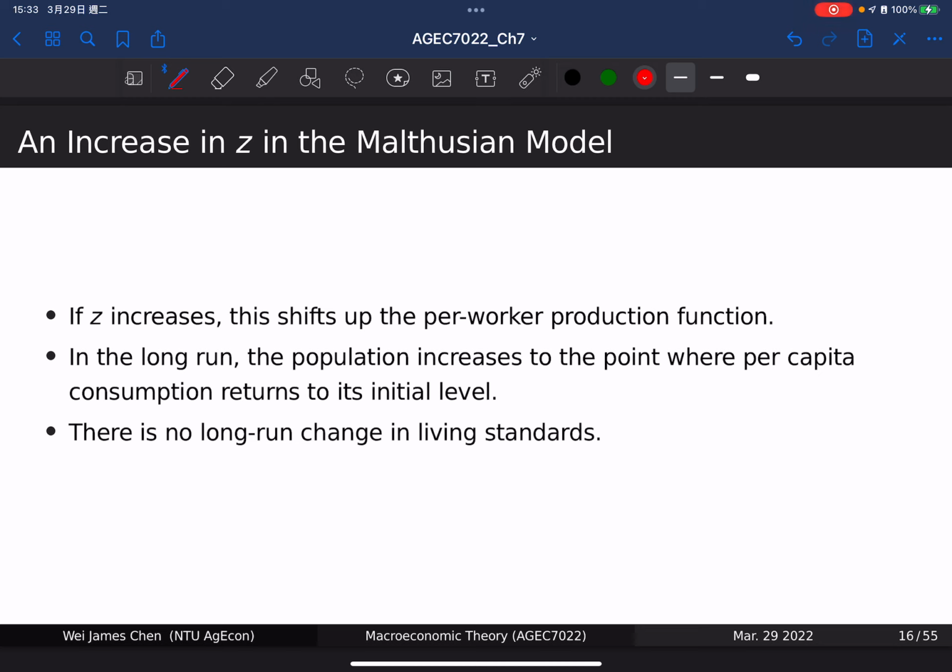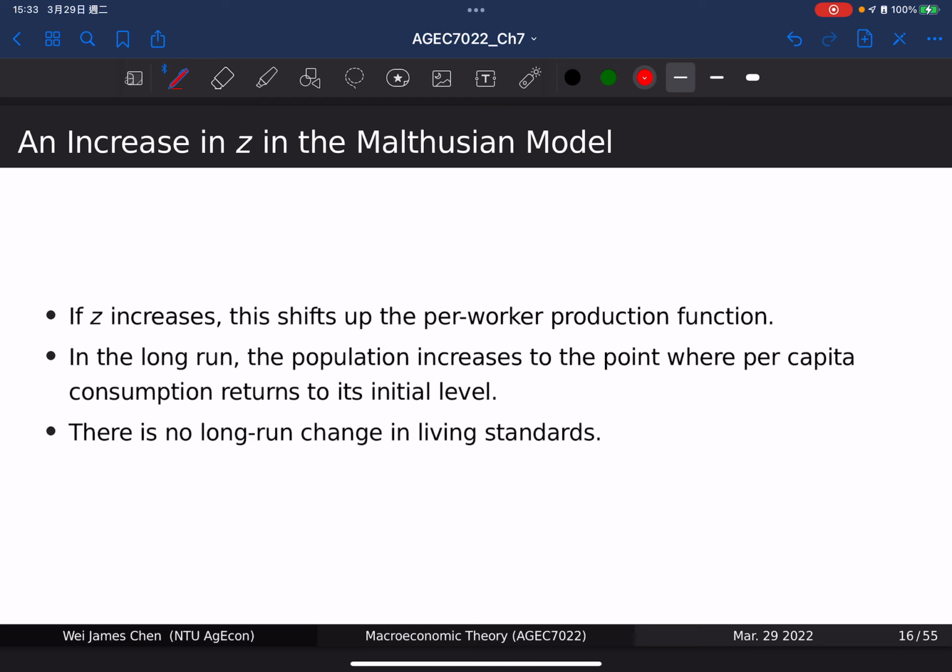So there, when the Z increases, the economy will grow, right? It will become a better situation for everyone because you may even work less and your production is higher. Everybody has higher consumption. But what happens here?